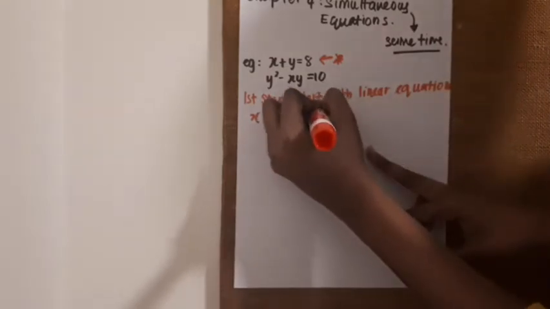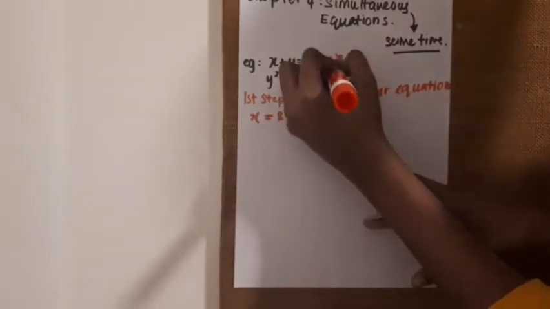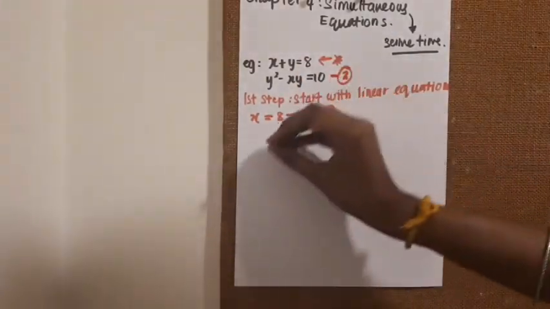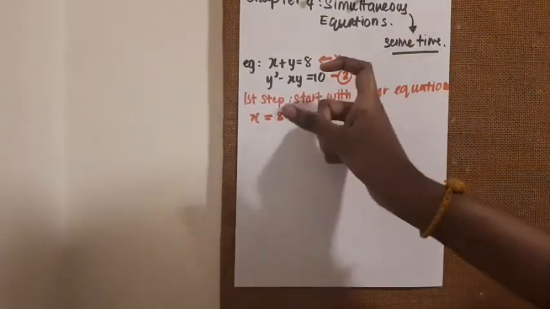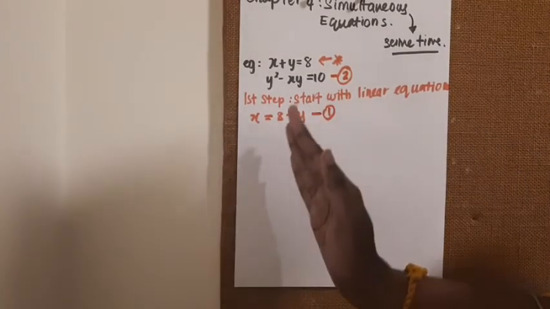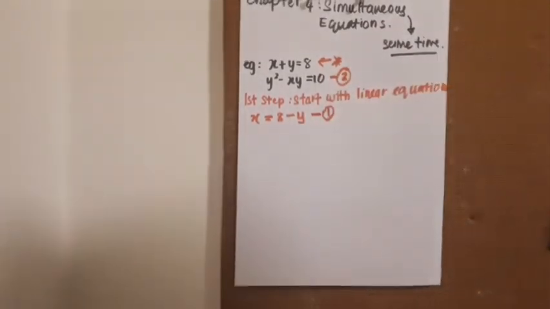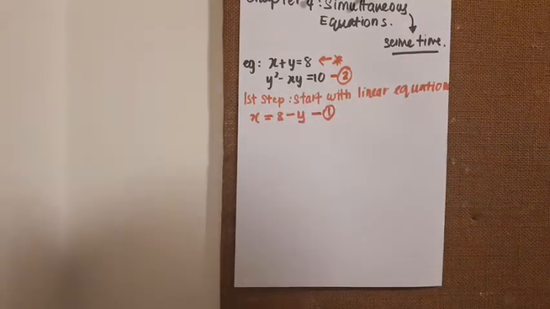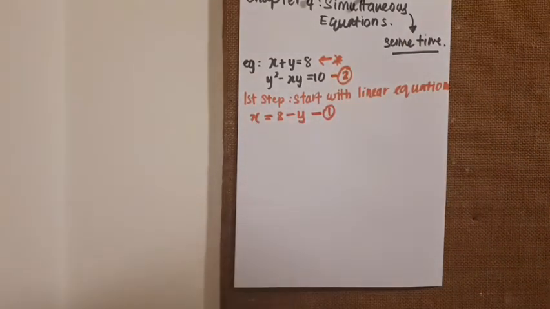So this is going to be equation 1 and this is going to be equation 2. So the method is to make one unknown the subject, then substitute that equation into the other given equation.